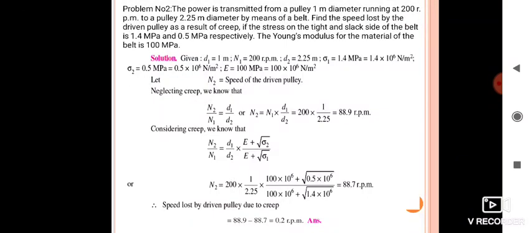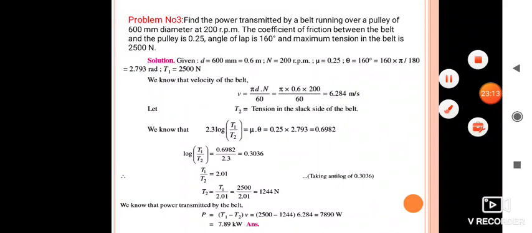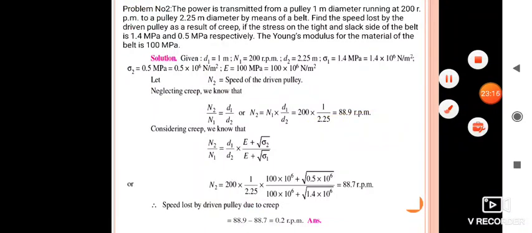Second problem: the power is transmitted from a pulley 1 meter diameter running at 200 rpm to a pulley 2.25 meter diameter by means of a belt.